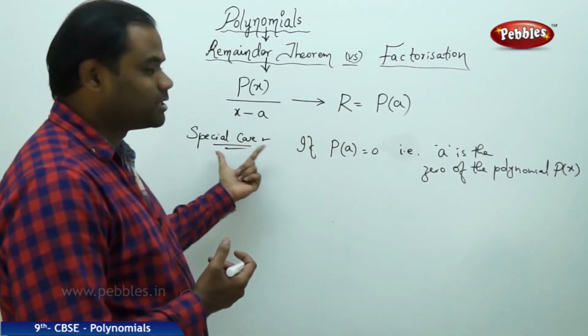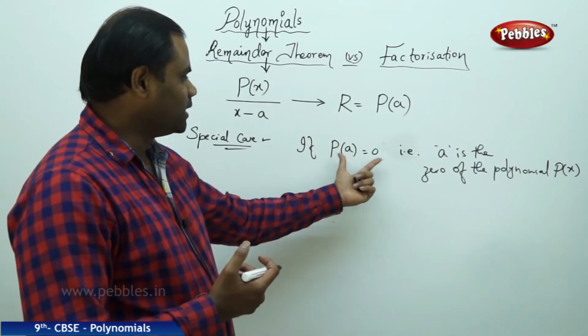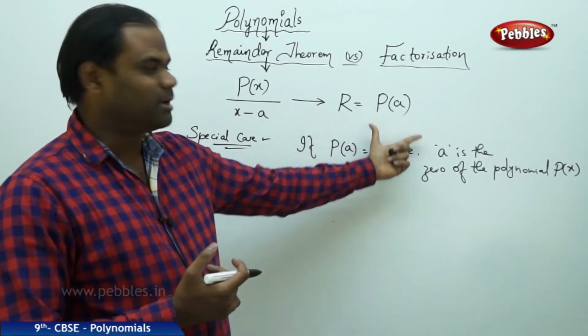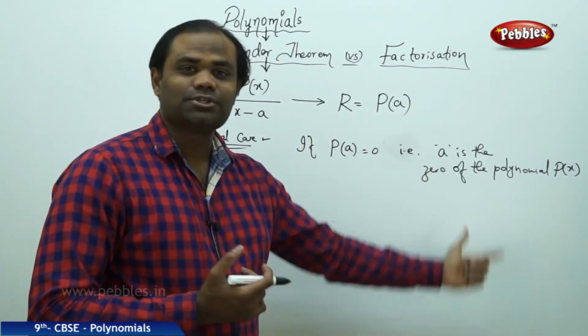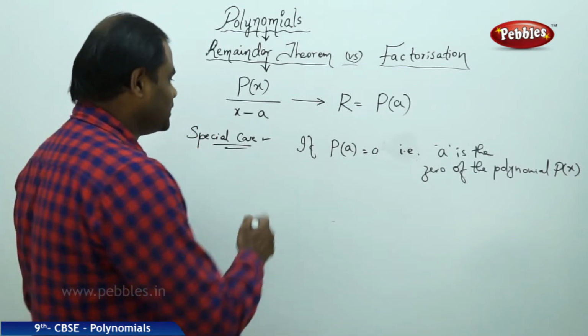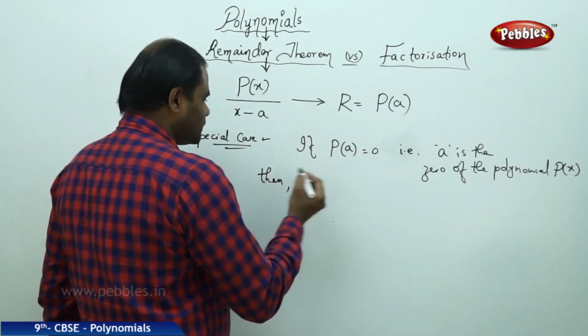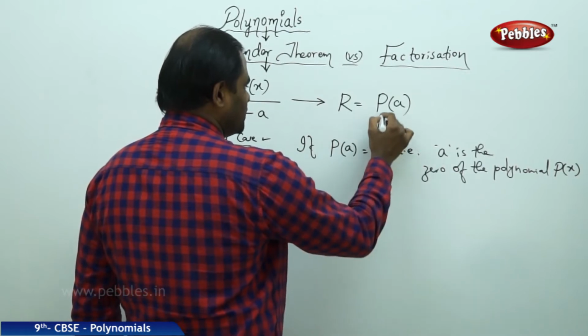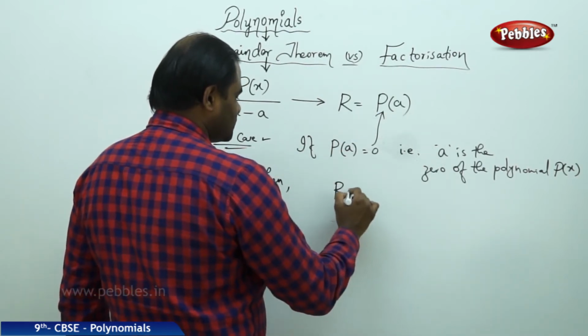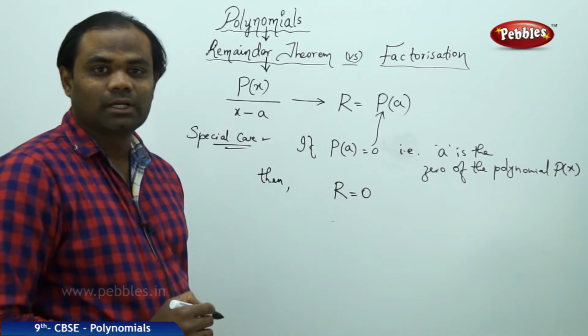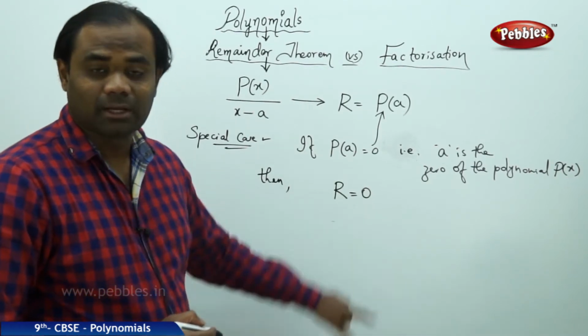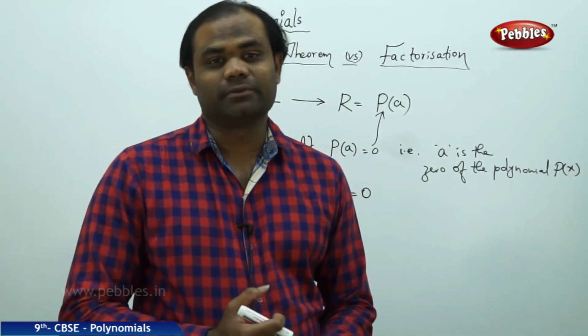Therefore, if I have a special case which says p of a is 0, that is, with the condition that the remainder is 0, that is when a is the zero of the polynomial p of x, then simply when I substitute this value, I get the remainder as 0. And when the remainder is 0, it comes under a special case in the remainder theorem.